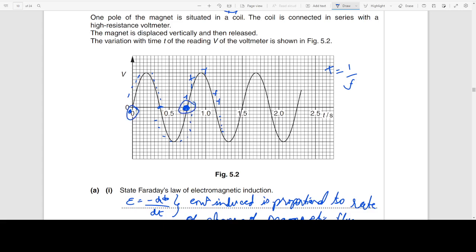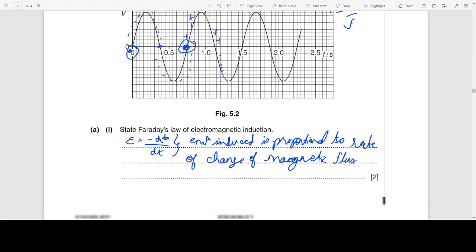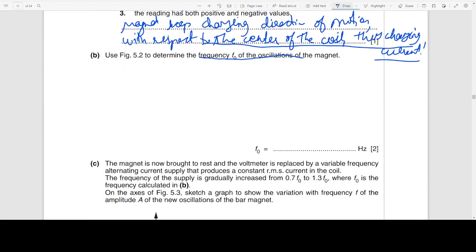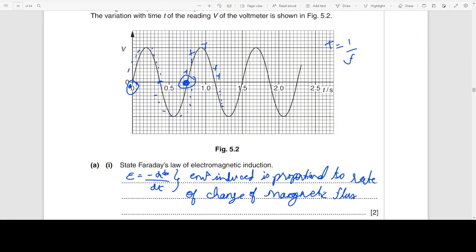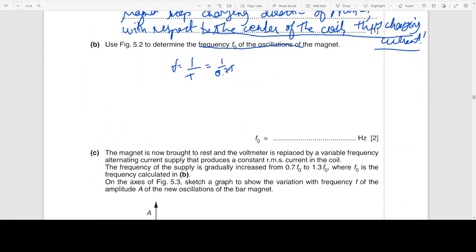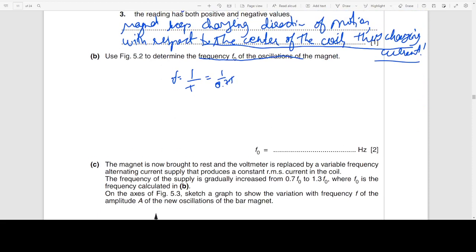So the time is 0.75 seconds till that point. So frequency is going to be 1 upon time period, which is 1 upon 0.75. So it's 1.33 hertz.